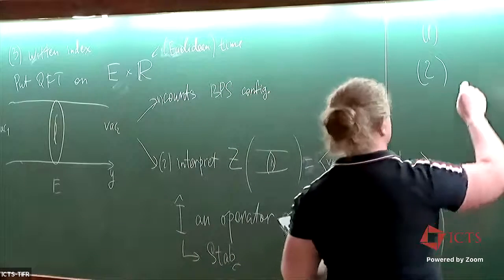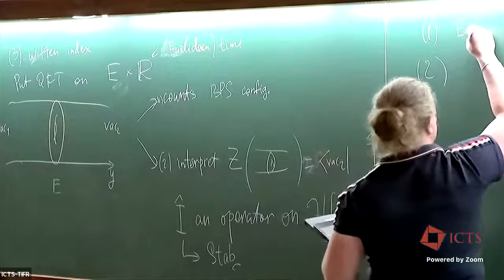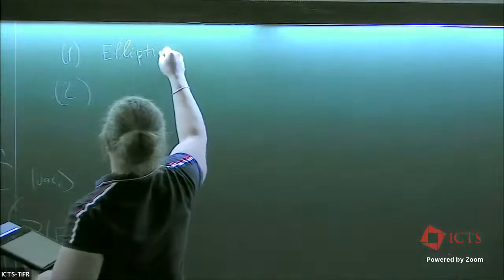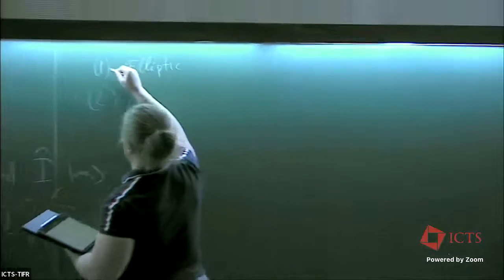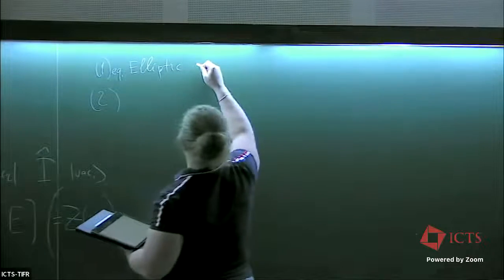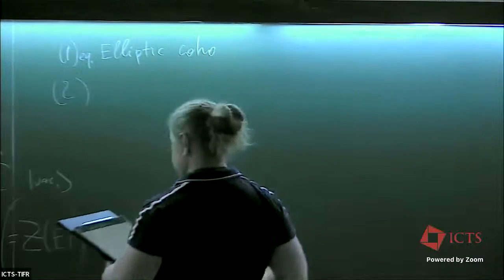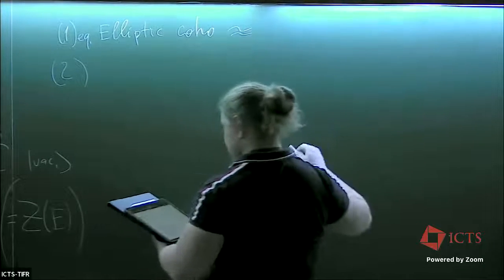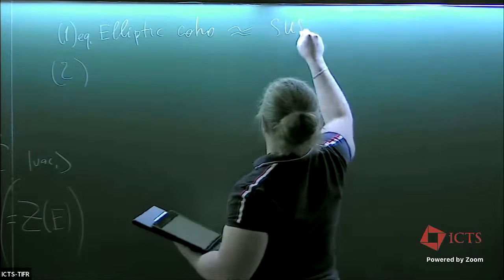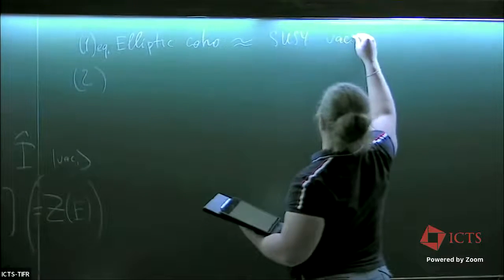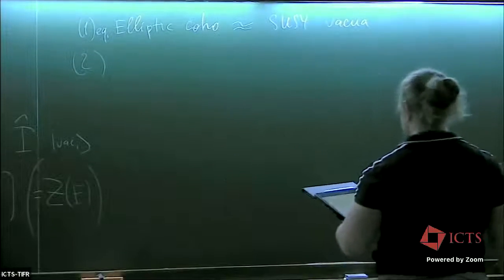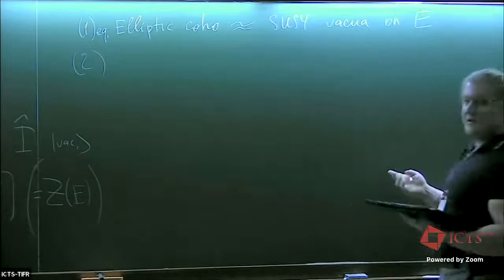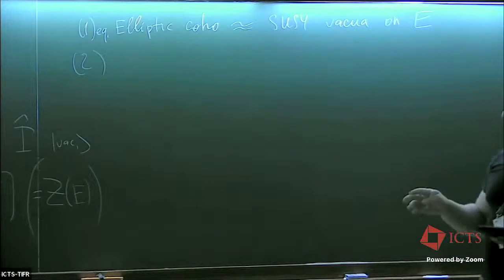First is the statement, or the slogan, that equivariant elliptic cohomology is almost the same thing as looking at supersymmetric vacua on the torus, on this elliptic curve, when you think of it as a space.